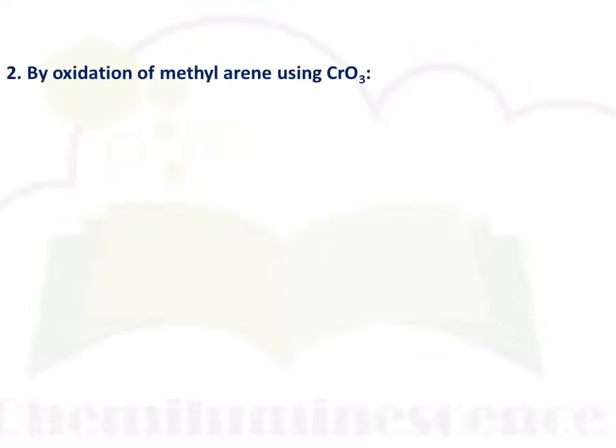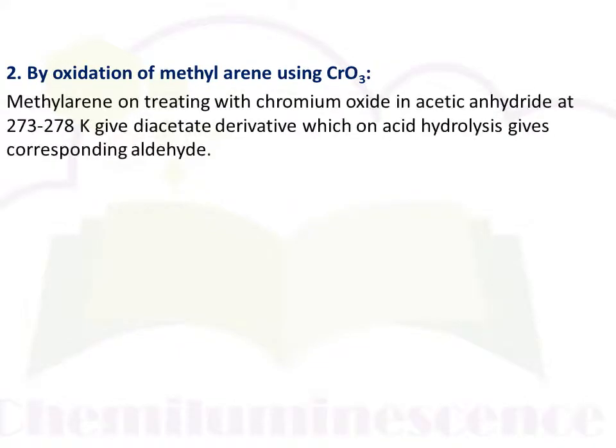Next method of preparation of aromatic aldehyde is by oxidation of methyl arene using chromium trioxide. Methyl arene on treating with chromium oxide in acetic anhydride at 273 to 278 Kelvin gives a diacetate derivative, which on acid hydrolysis forms the corresponding aldehyde.